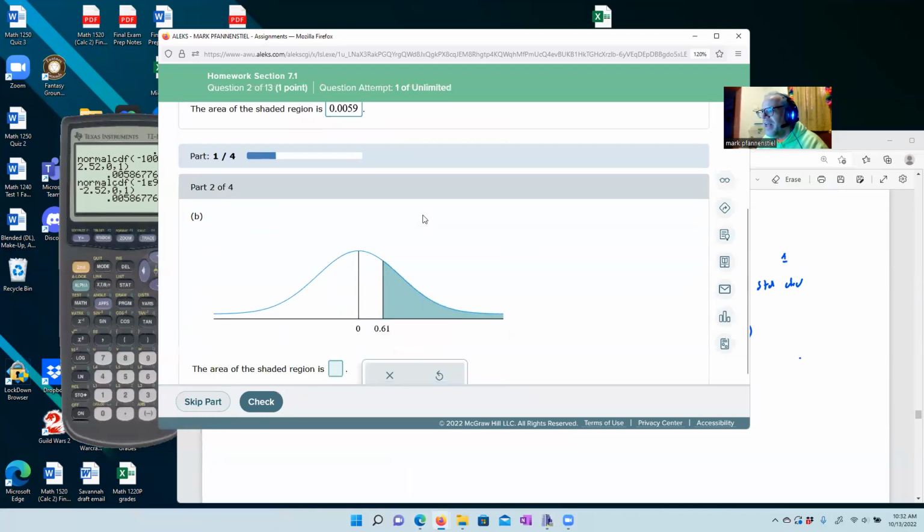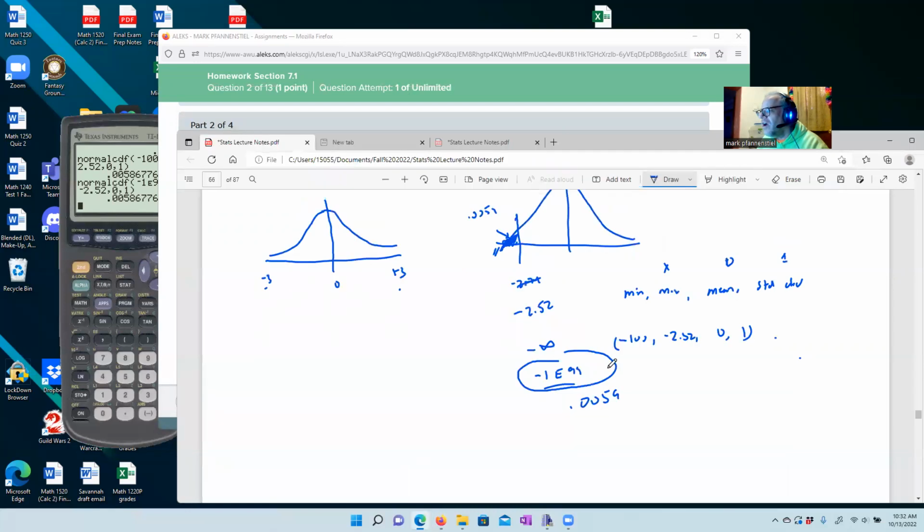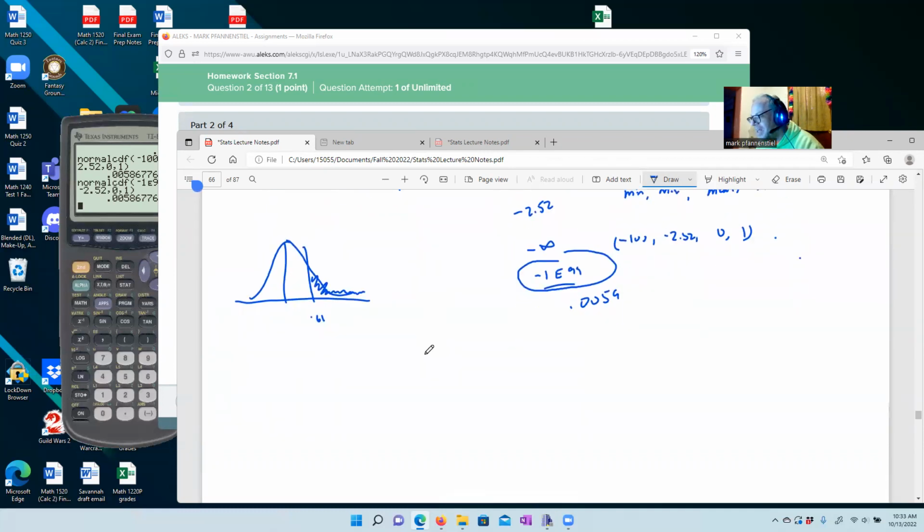Say hello. Parts 2 to 4, shaded region. We're going to go from 0.61 all the way off to infinity. So what we want to do is take this one. We're going to get 0.61, and we want all the way off to infinity. So again, I need a big number relative to 3. We're going to say norm CDF.